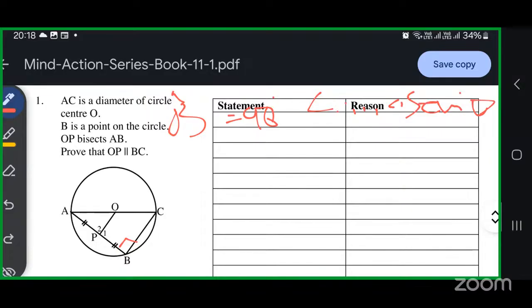Now, do you agree when I say this angle P2 is equal to 90 degrees? Yes, sir. Why? Because they are corresponding. Why are they corresponding?